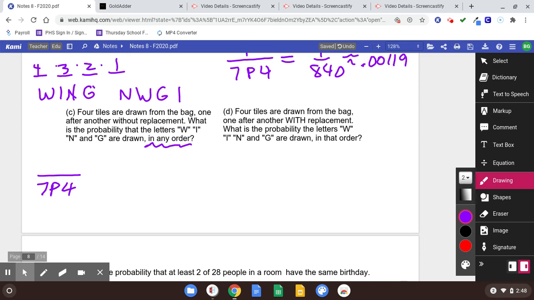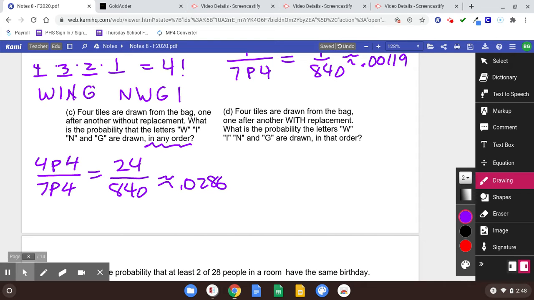Or you could think of that as a factorial, 4 factorial. Or you could think of it as there are 4 letters, and I'm going to order all 4 of them. Any way you want to think about it, that's 24 over 840. And that's going to be roughly 0.0286.